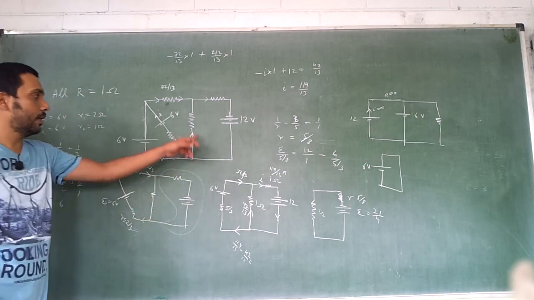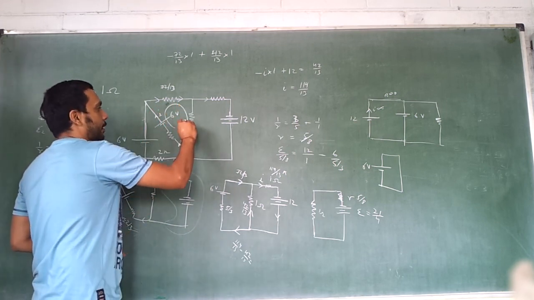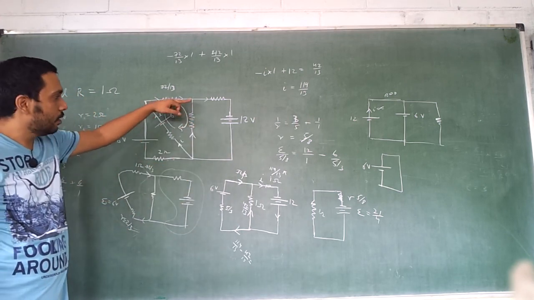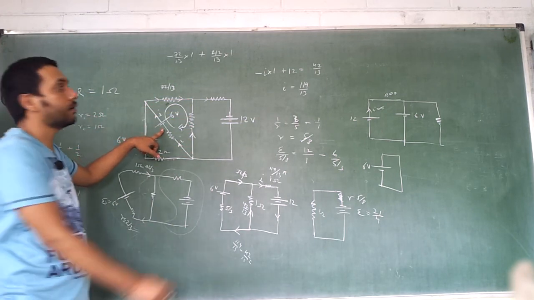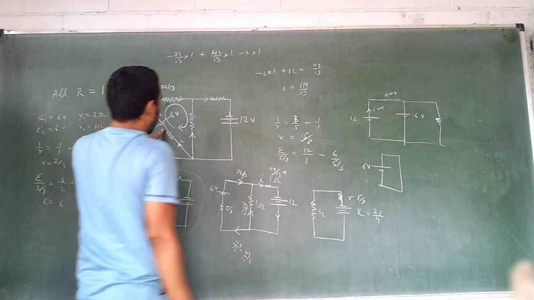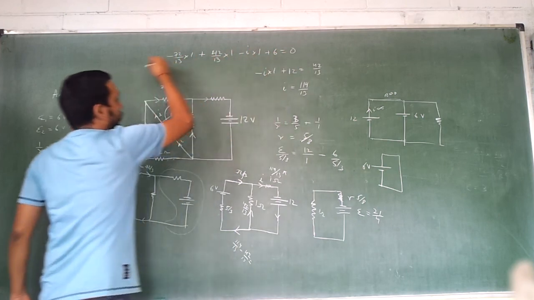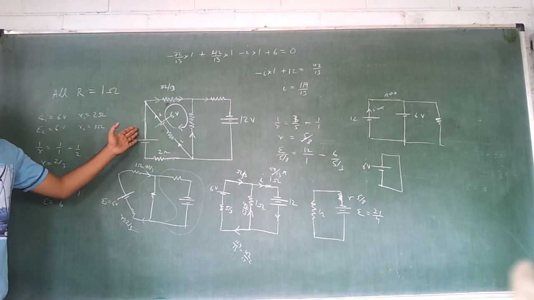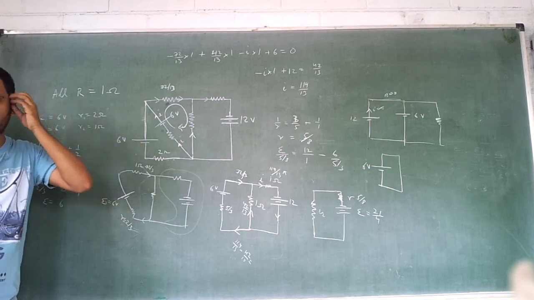You are going along I. This is the loop I am writing. So I started from here: minus 72 by 13 plus 42 by 13 minus IR, I into how much is the R over here? 1 ohm. And plus 6 is equal to 0. You will get current in this. Okay? Subtract that current, you will get current in this. Or you do a loop of this one, you will get the current in the other one also.